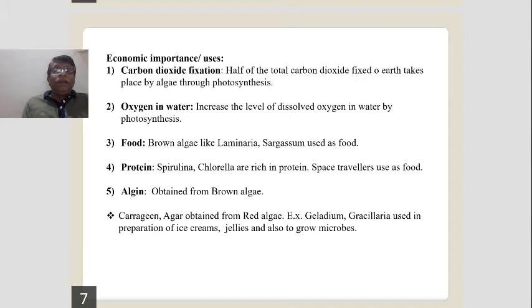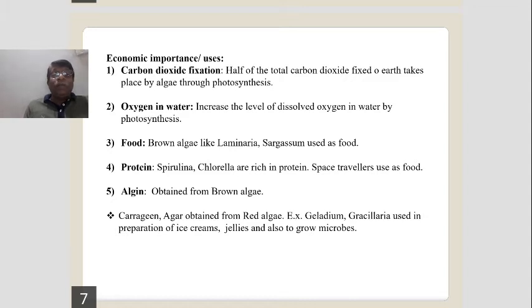Chlorella, another unicellular green alga, also rich in protein and carbohydrates. These two algae, spirulina and chlorella, are rich in protein, hence the space travelers, what we call astronauts, use them as a food because rich in protein.